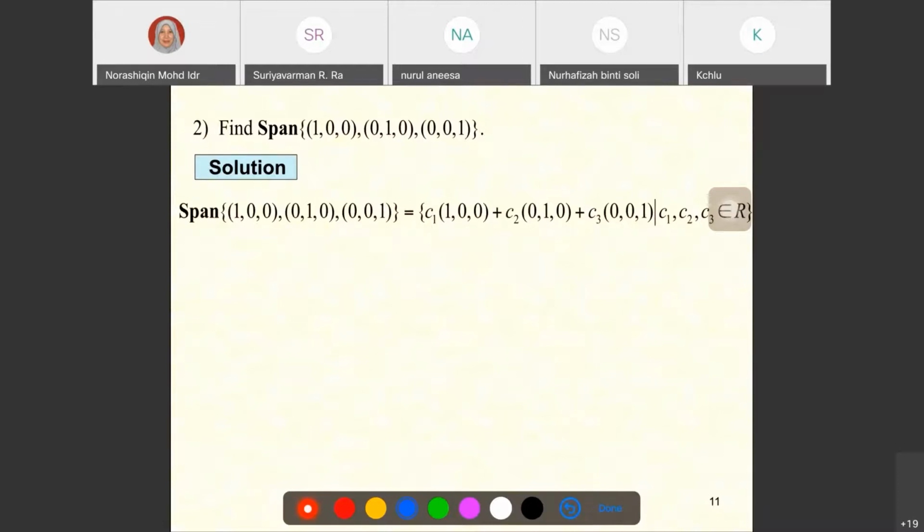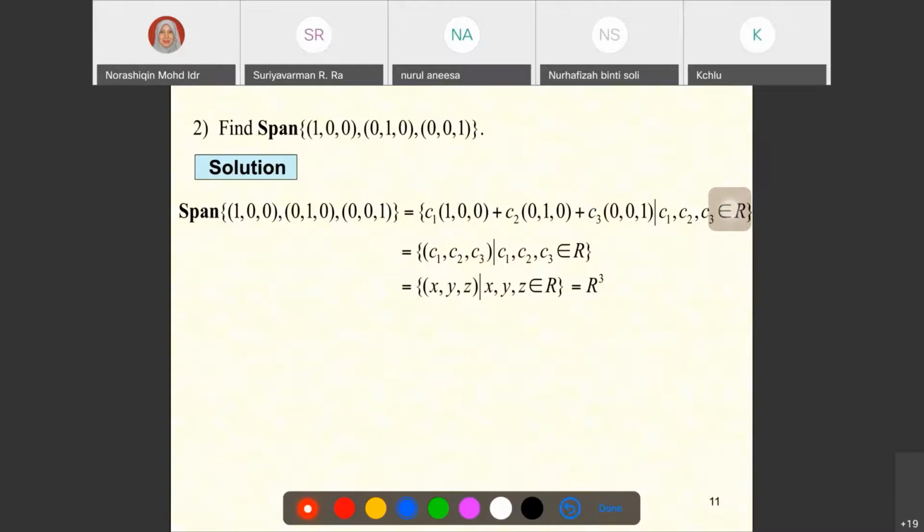We have C1, C2, C3, and it can be written as (x, y, z), with x, y, z in R. So this is none other than R cube. So any vector in R cube can be written as a linear combination of the vectors (1, 0, 0), (0, 1, 0), and (0, 0, 1).